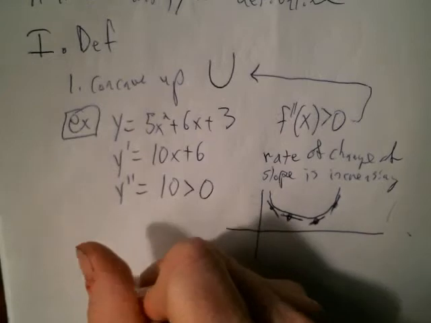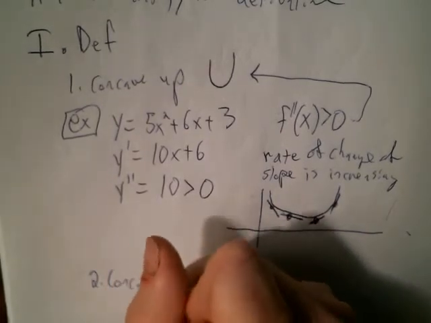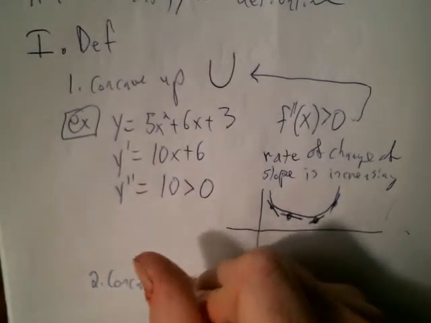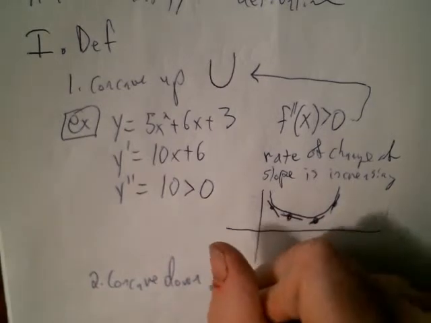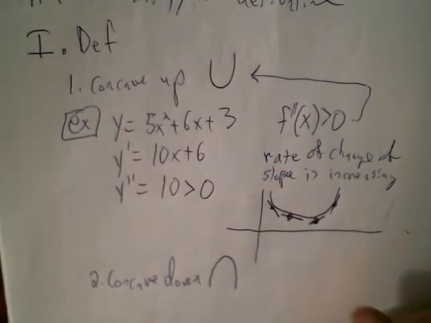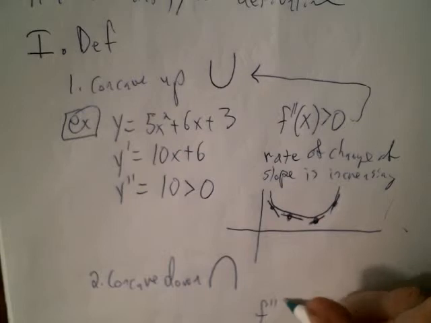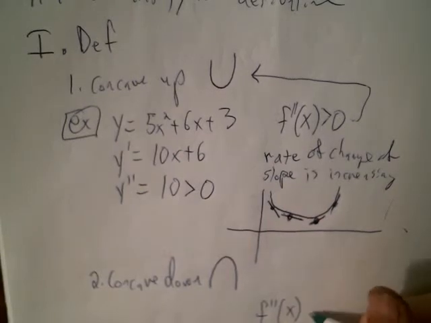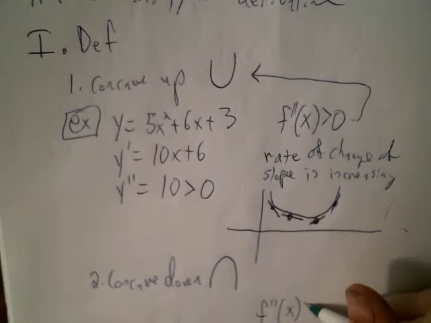Concave down is the reverse thing. The concave down form looks like this, and that happens when the rate of change of the tangent lines is less than 0.